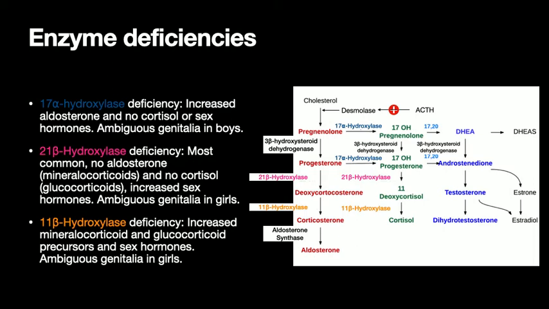The buildup of mineralocorticoid precursors will cause them to be hypertensive and hypokalemic. And because you don't have aldosterone and cortisol, the buildup of these precursors will be shunted towards sex hormone production, which will lead to increased testosterone. Increased testosterone in girls will cause virilization and result in ambiguous genitalia.